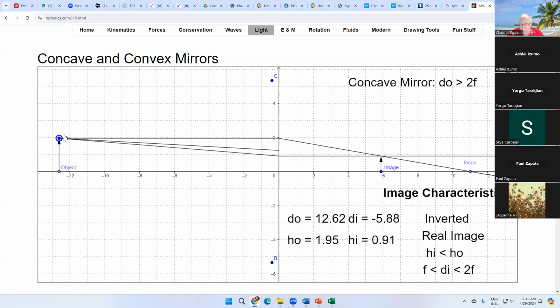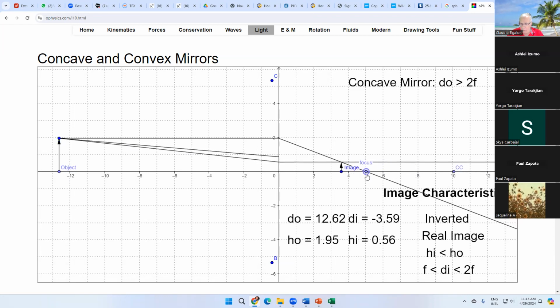The light ray that passes through the focal point is reflected parallel to the axis of the mirror. And here's the extension. Let me get this one a little bit closer. Okay, better now. And now it's the center of curvature. So that's the light ray parallel to the axis, that's the light ray that passes through the center of curvature, and that's the light ray that passes through the focal point.